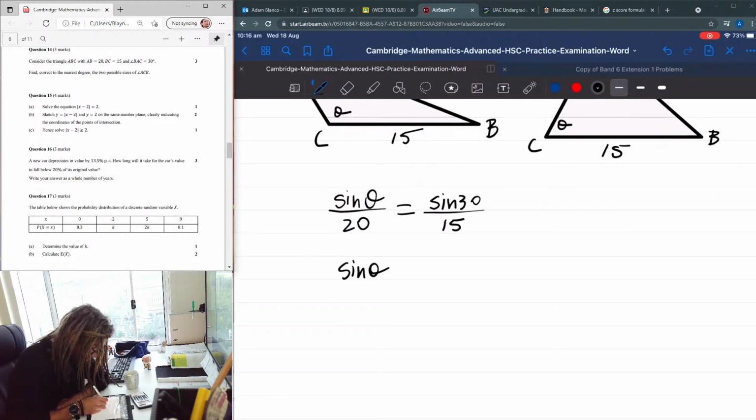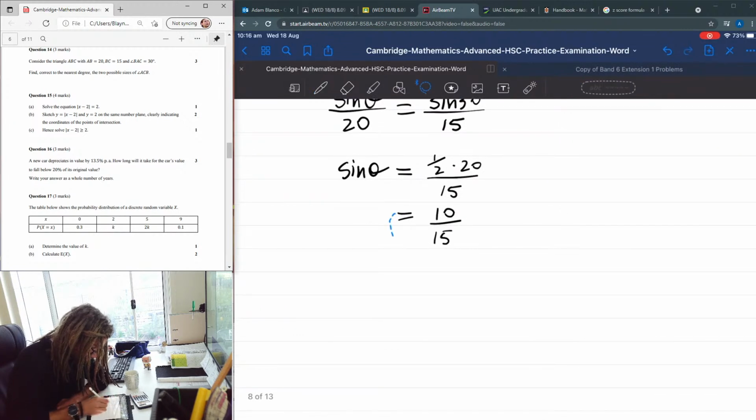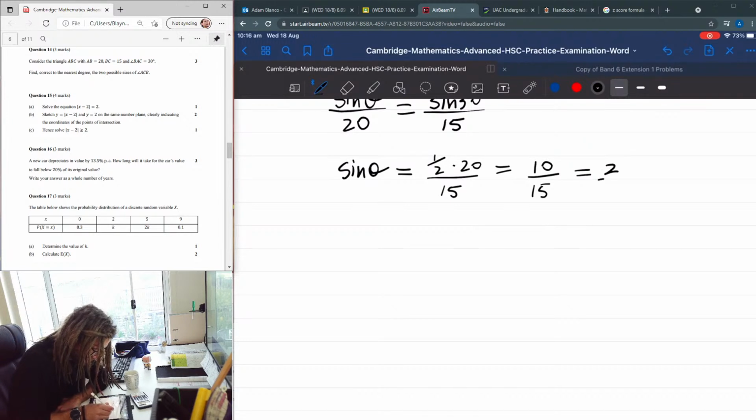Sine theta equals, now sine 30 is a half, so it's going to be 1/2 times 20 on 15, which is going to be 10 on 15, which is just going to be 2 on 3.